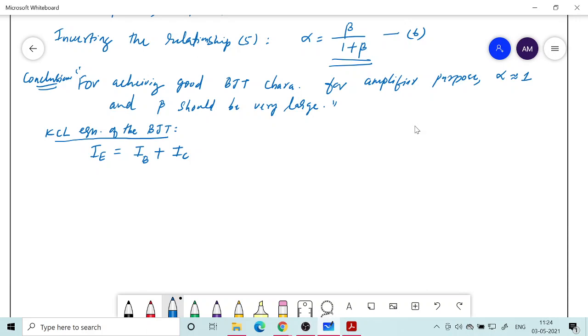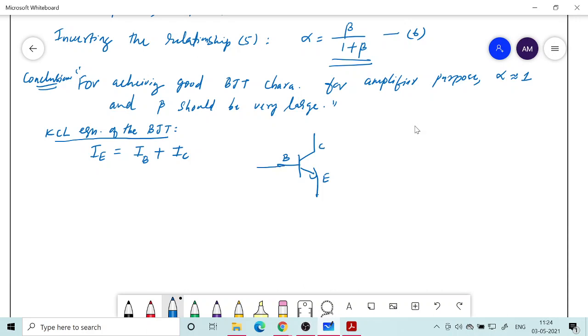Okay, so usually we take the positive direction as the direction of each of these currents: emitter current, base current, and collector current. We take the actual direction of the current flow, which is given by the symbol itself. If it is an NPN transistor, this is the symbol, this is the emitter, this is the base, and this is the collector.